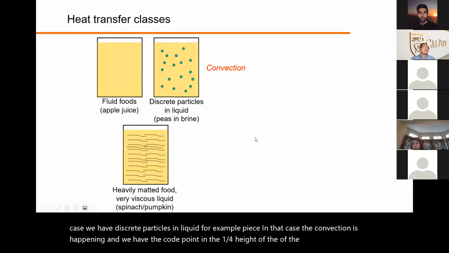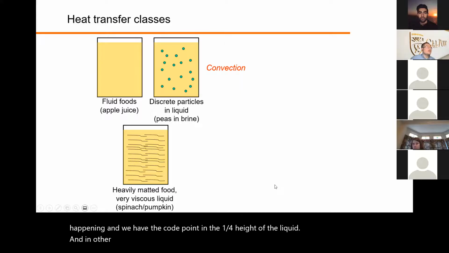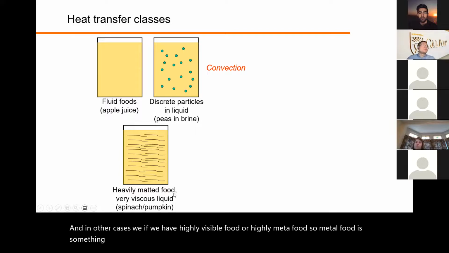In other cases, if we have highly viscous food or highly matted food, matted food is something with flat sides, or that spreads horizontally in the can, for example, spinach, those leafy greens, or sometimes pumpkin.